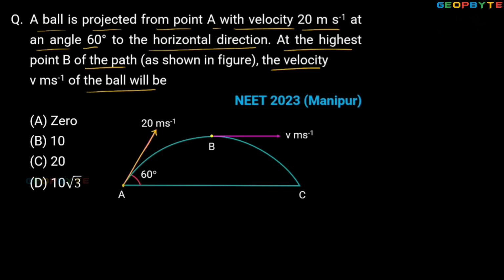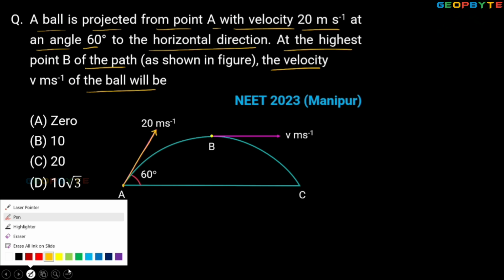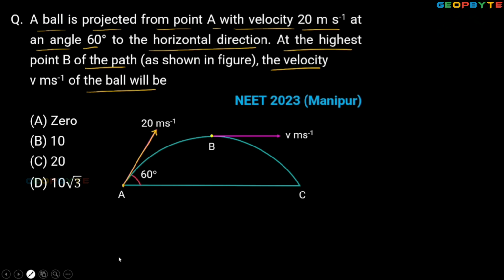Since the ball is projected with a velocity of 20 meter per second at an angle 60 degrees, it develops two components of velocity.